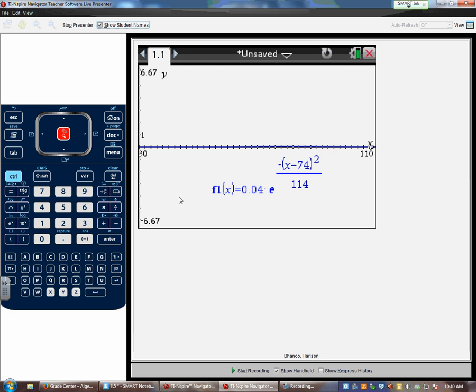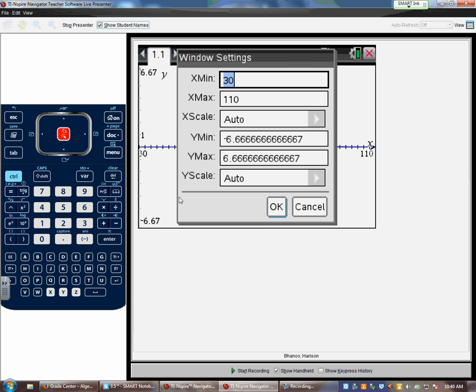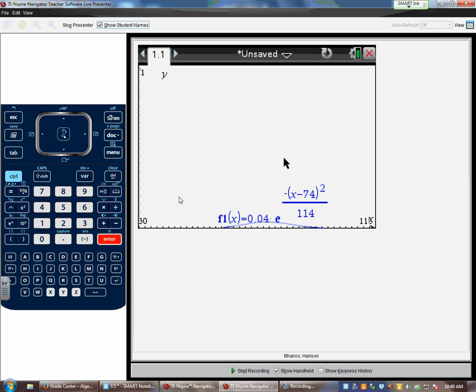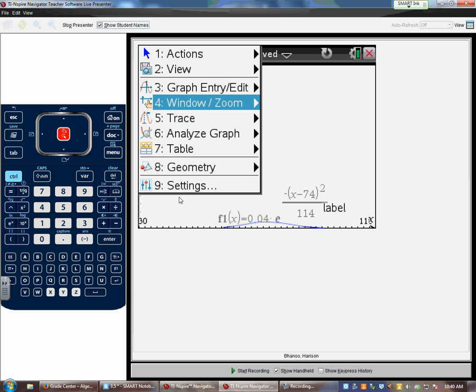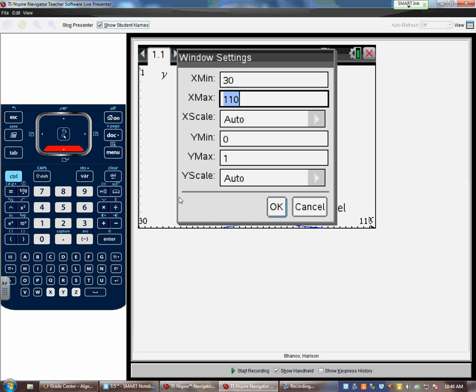Let's make the y minimum 0 and the y maximum 1. We're starting to see a little bit. So instead of 1, make it like 0.1 for the y maximum.